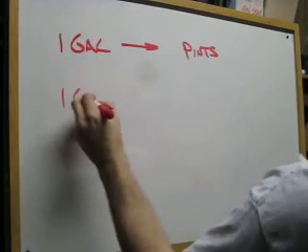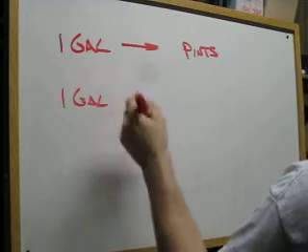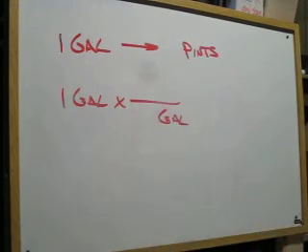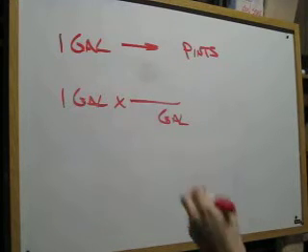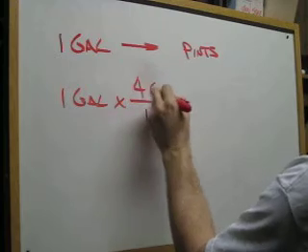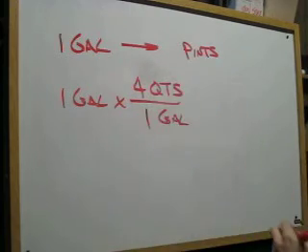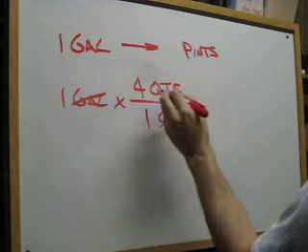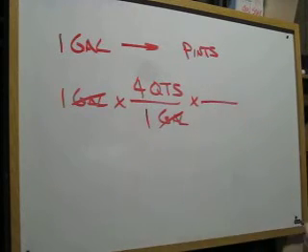So we're going to write 1 gallon. Again, there's no number up here, so line, put gallons on the bottom. And let's see, do we know anything about gallons? Well, we know that there's 4 quarts in a gallon. Doesn't really help us, but at least it's moving us in a direction. Okay, we draw another X and a line.